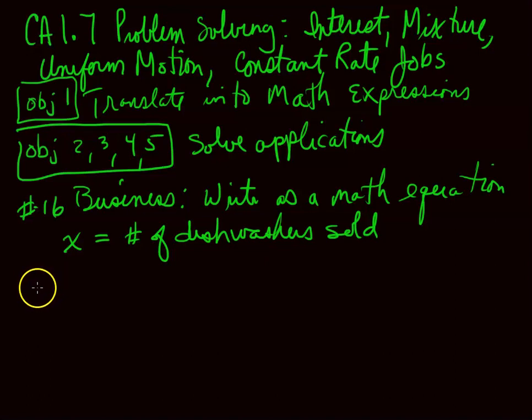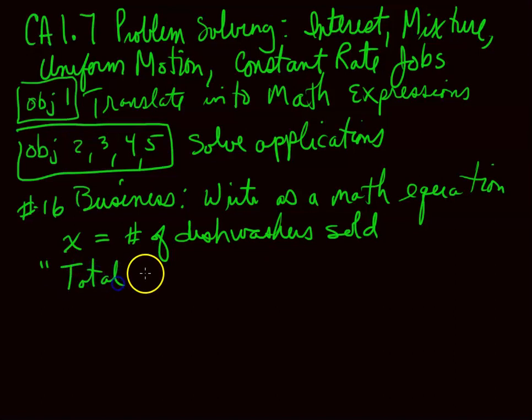The total revenue derived from selling X dishwashers is $250 per dishwasher times the number of dishwashers sold. My gosh, it's a long statement. But you can reduce that a little bit. And if we need 4 steps, you can at least put your reduced part here.